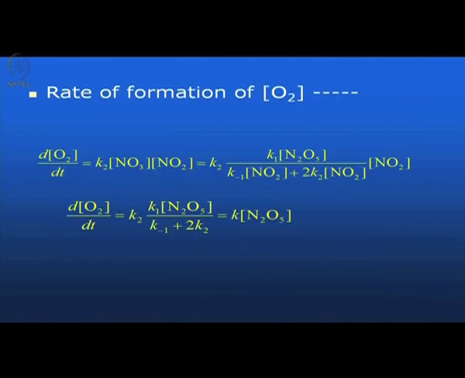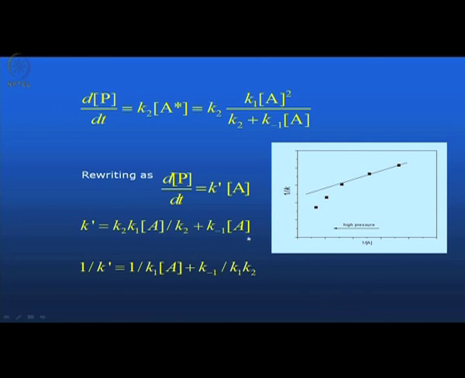If we plot 1 by K versus 1 by A, it has been found that those reactions which follow this unimolecular mechanism are not truly linear. The plot maintains linearity up to a certain 1 by A value, and then it starts to deviate from linearity.